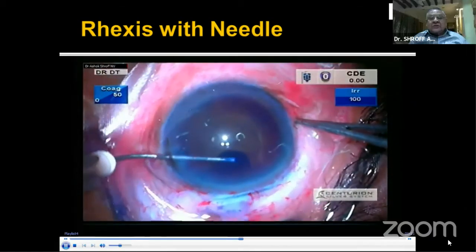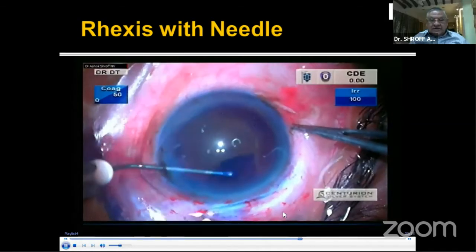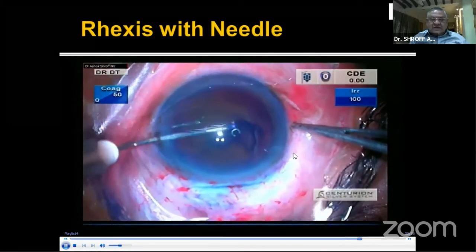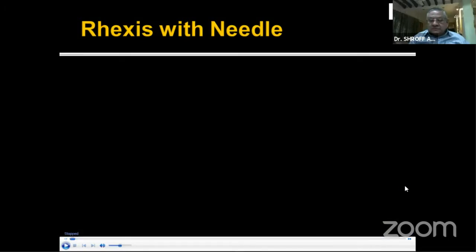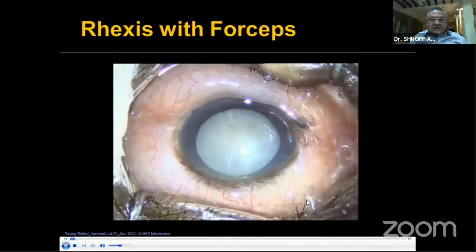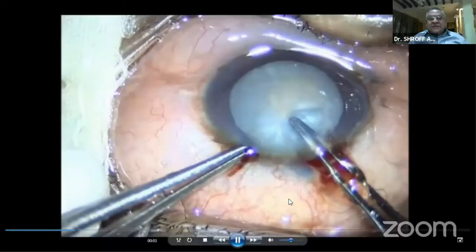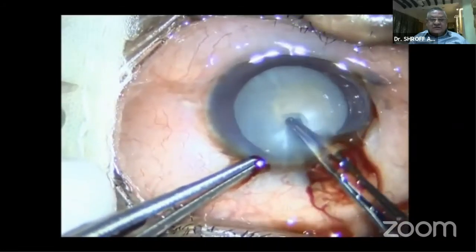A good advantage is you can do it from the side port. You can see the main incision here, but still you can do it from the side port. While for the rexis with the forceps, it is better you go from the main wound. Then again you can see that the rexis is being made by the forceps, but here you just carefully watch.